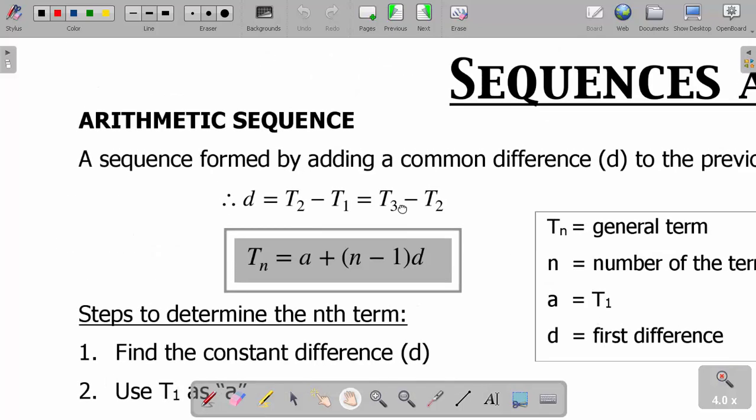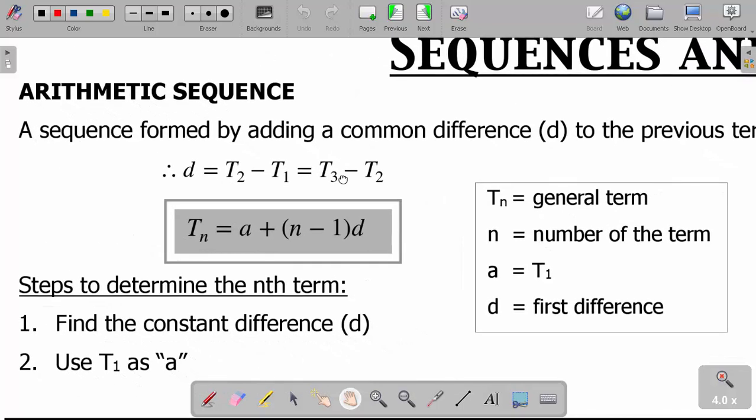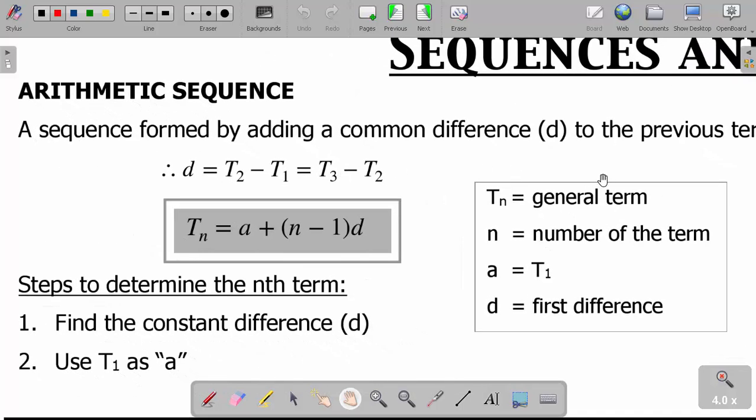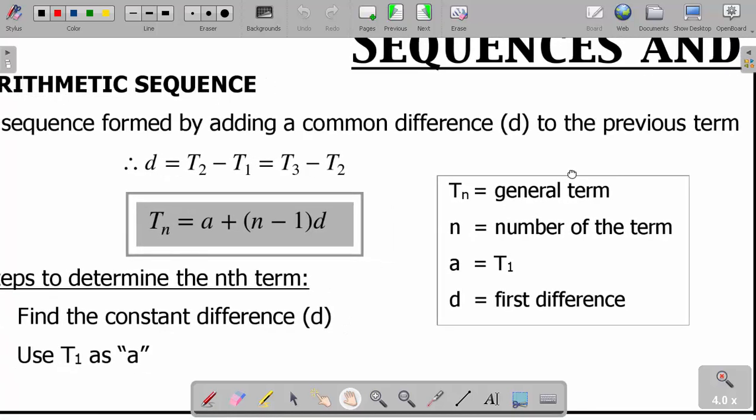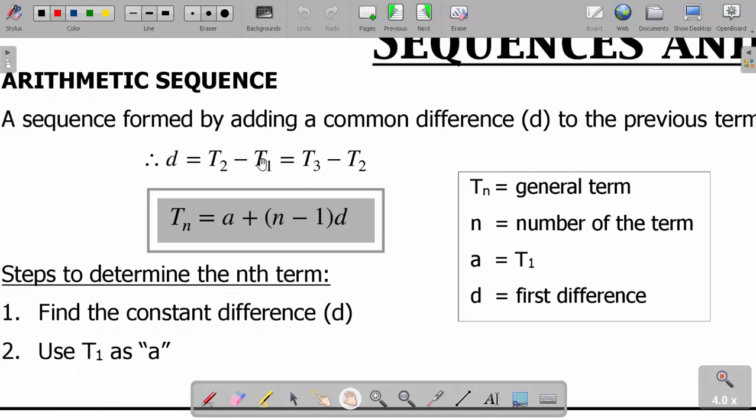An arithmetic sequence is formed by adding a common difference to the previous term. So the common difference d equals T2 minus T1, also the same as T3 minus T2. Let me elaborate this properly before we continue.